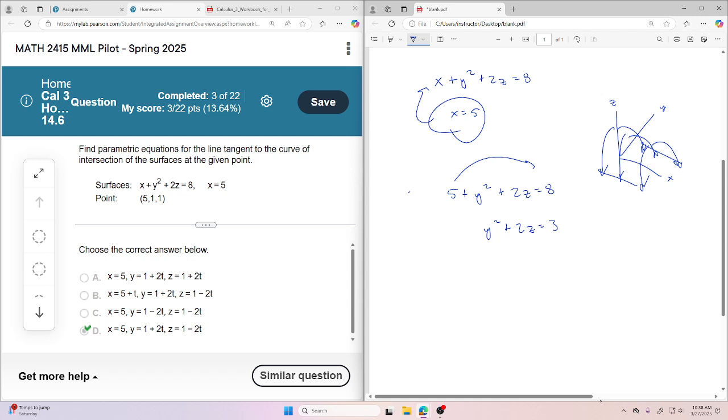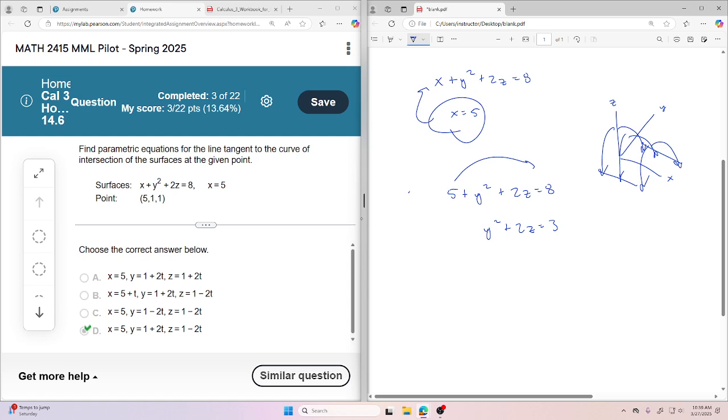I don't know. And it says now we're needing a line tangent to this curve, and it intersects at that point. So is this point on the intersection? If I plug in right here a 1 and a 1, would I get 3? No? Yes.